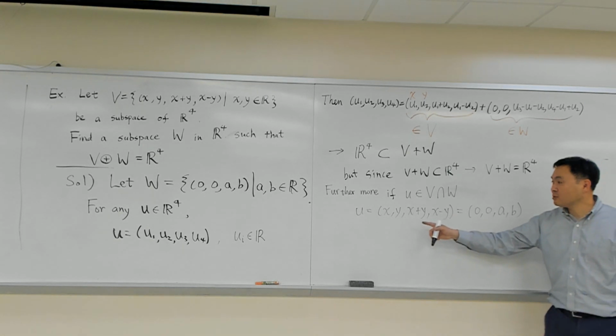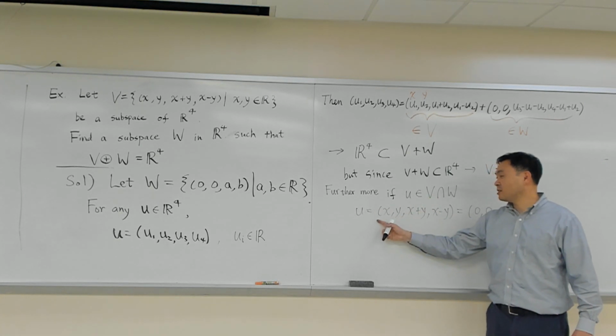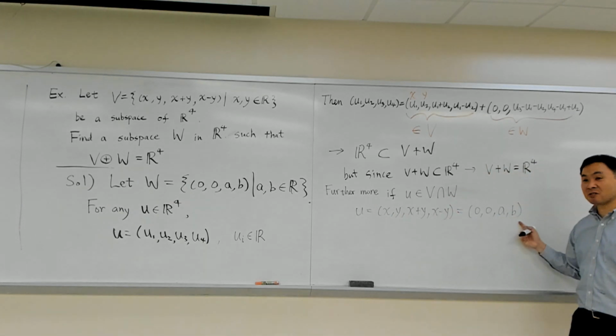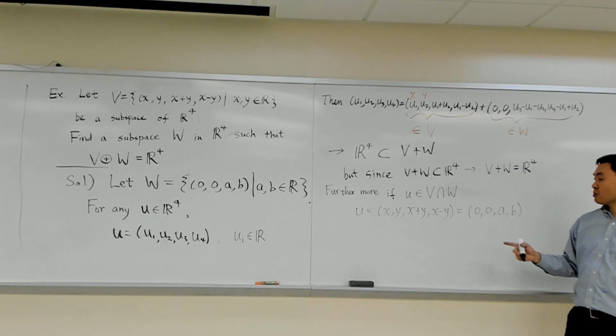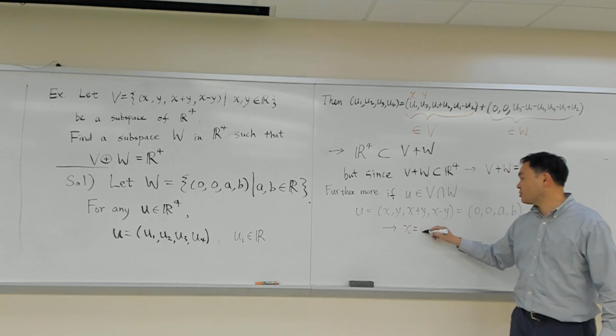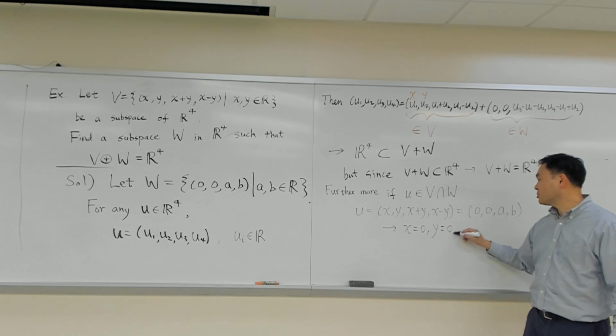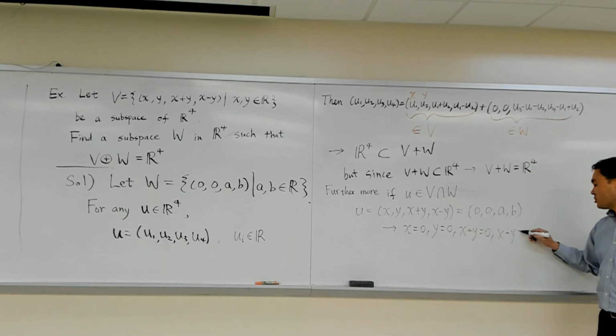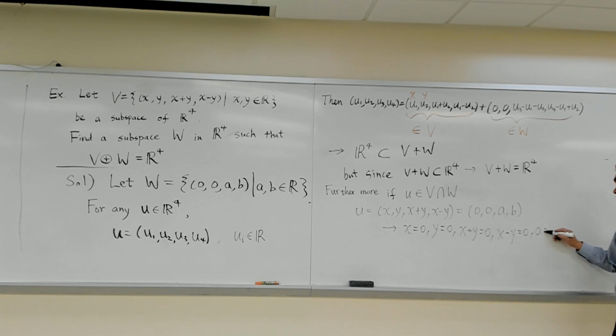So for U to belong to V, this is the condition. It has to look like this. For U to belong to W, this is the condition, right? So therefore, these two have to be equal, but that means x is 0, y is 0, x plus y is 0, x minus y is 0, and then A is 0, and B is 0, right?